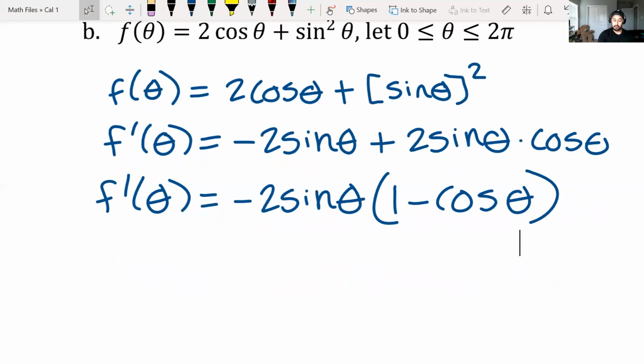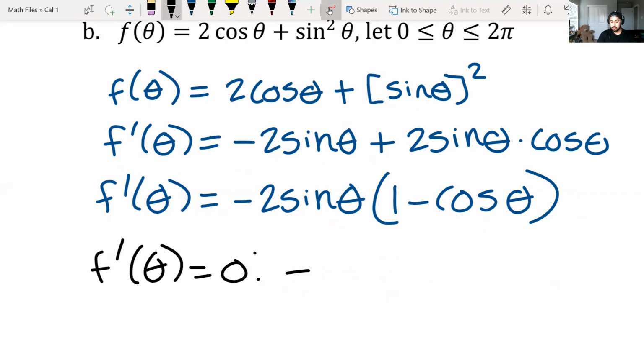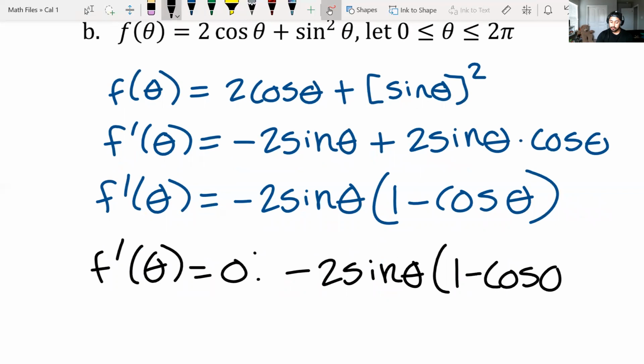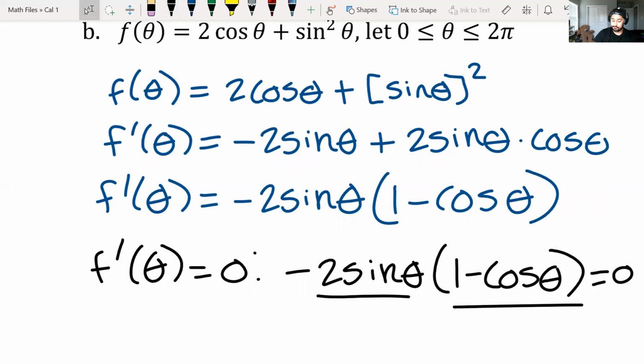We're ready to go. We take the derivative and set it equal to 0. Negative 2 sine theta times 1 minus cosine theta equal to 0. Okay, and set both of those equal to 0.